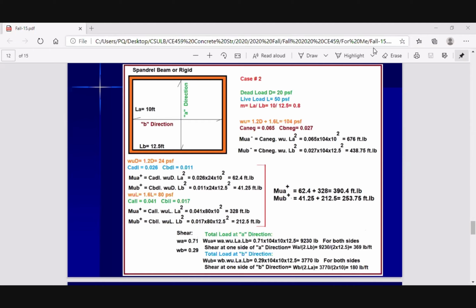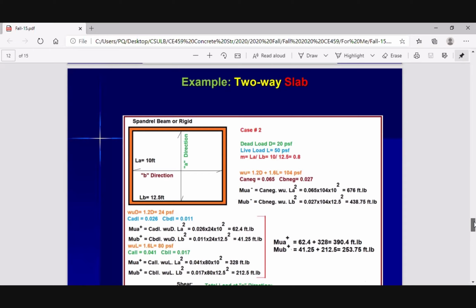Let me answer this chat. Was dead load and live load given in the problem? Yes, dead load and live load are given in the problem because you as a designer, you know this stuff. Look at this dead load, 20 PSF, live load, 50 PSF.